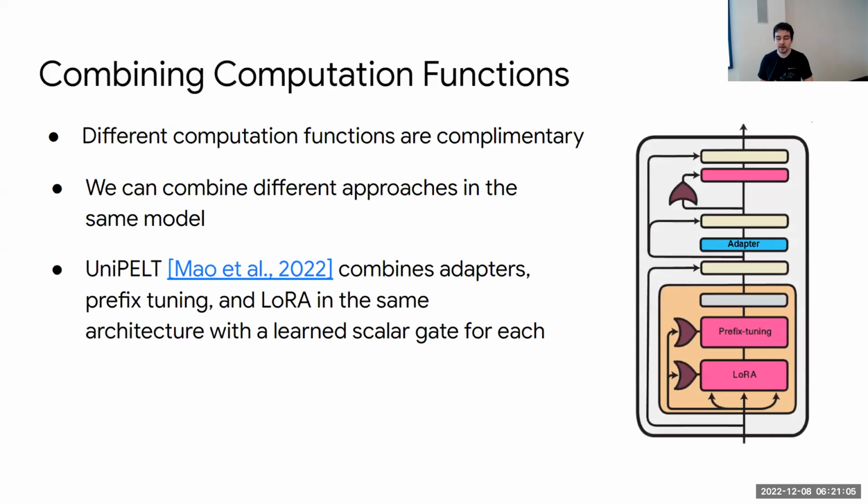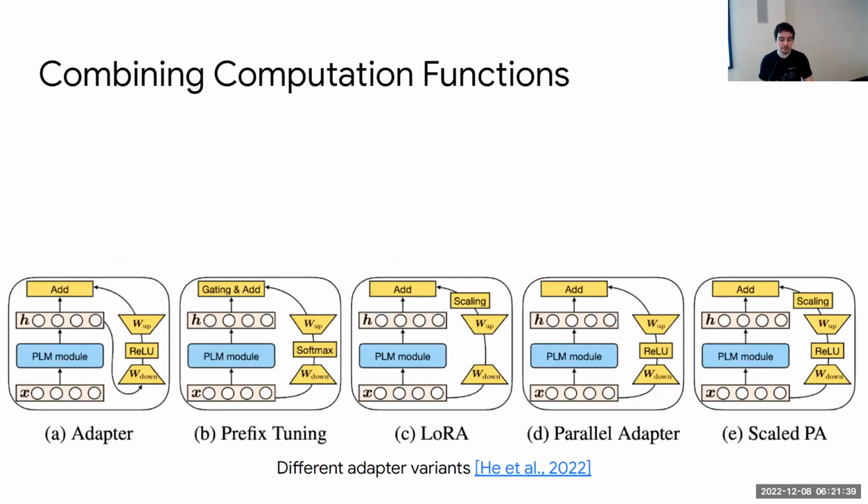A recent approach, for instance, combines all of them in the same model by using LoRA, prefix tuning, and adapters together, learning separate modular parameters for each, as well as separate gating parameters, which are essentially just scalars that allow the model to weight the contribution of each of these different parameter-efficient methods. And they show that the combination of these different methods actually performs better than any individual one.